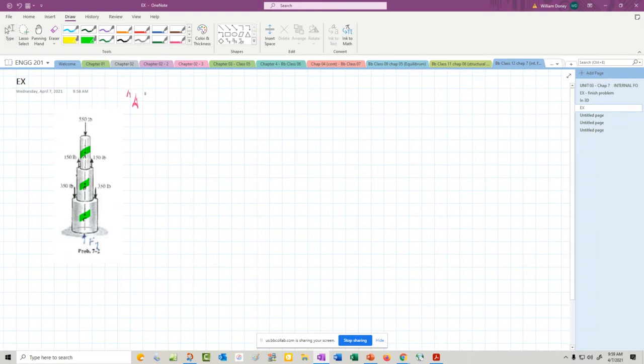If we look at point A, that means we're going to make a cut at A. And what do we have happening force-wise? We have 550 down, and we're going to have the normal.